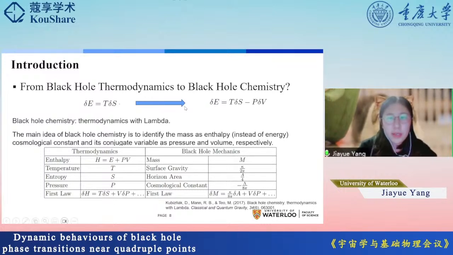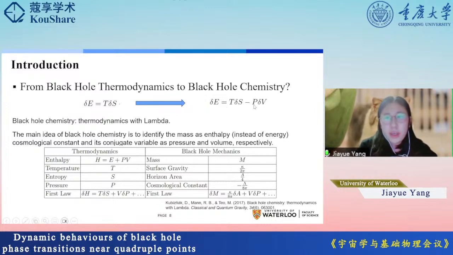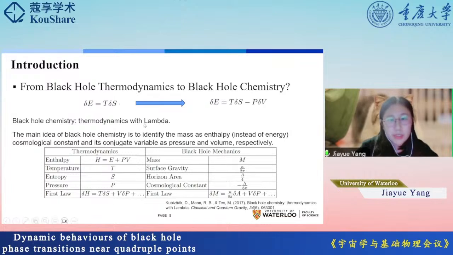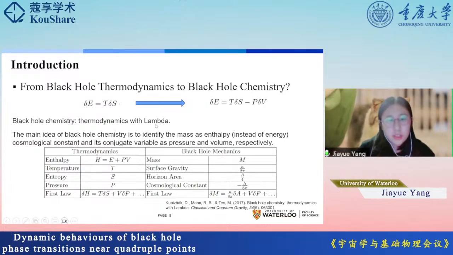So how can we include pressure P and the thermodynamic volume V in black hole thermodynamics? The basic idea of black hole chemistry is to consider black hole thermodynamics with lambda, the cosmological constant.